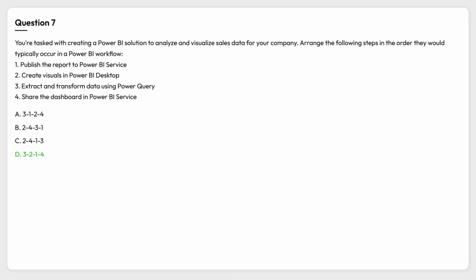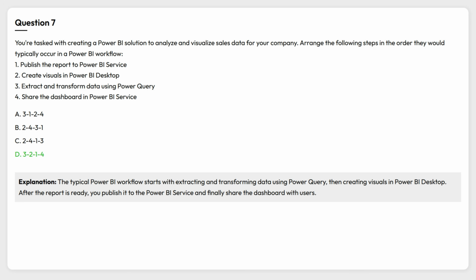The correct answer is option D, 3, 2, 1, 4. The typical Power BI workflow starts with extracting and transforming data using Power Query, then creating visuals in Power BI desktop. After the report is ready, you publish it to the Power BI service and finally share the dashboard with users.